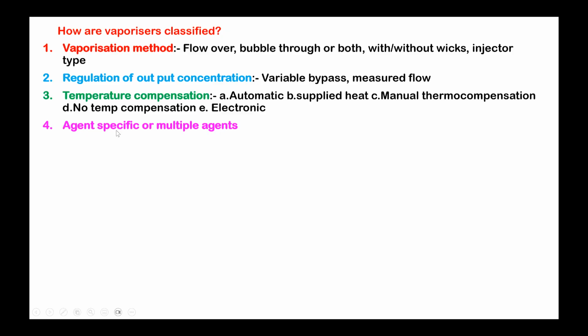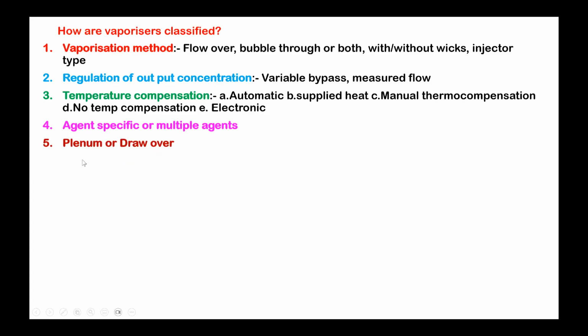You cannot pour isoflurane or enflurane or halothane. Whereas there are now vaporizers coming with facility to use multiple agents. Can you tell me an example of a vaporizer which you can use with multiple agents? Okay, try to think over and tell me.